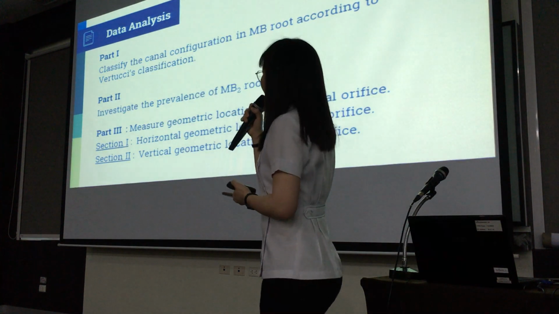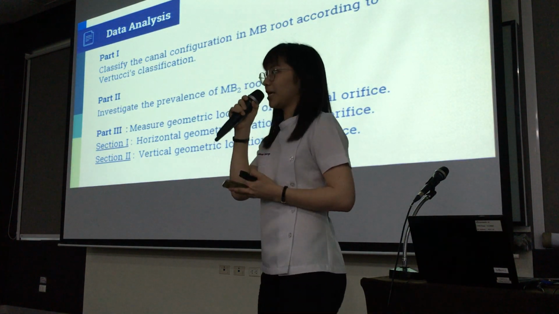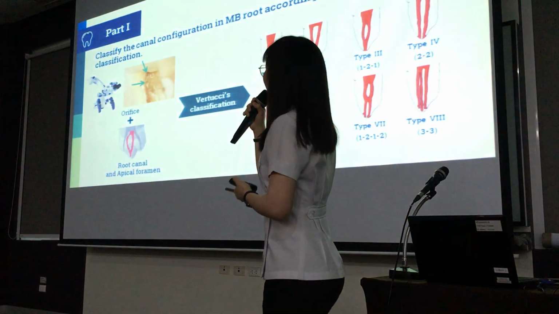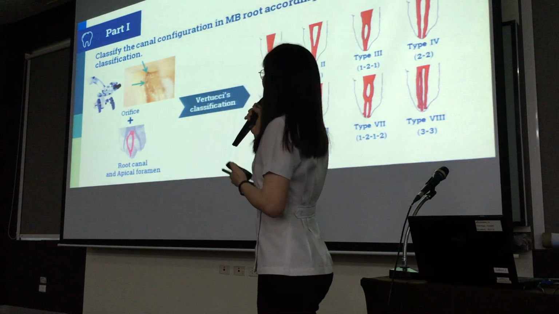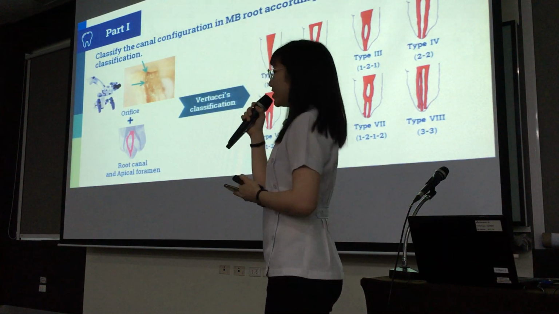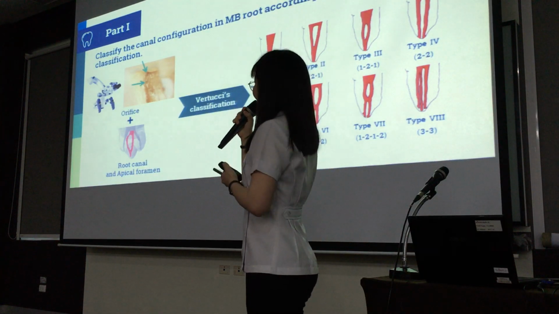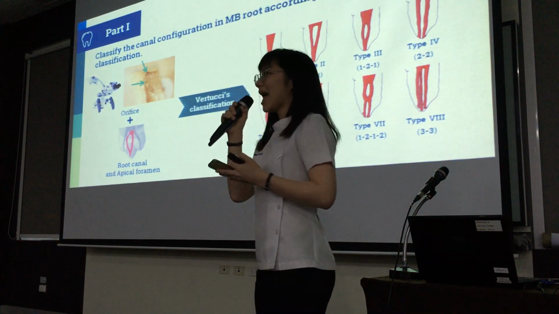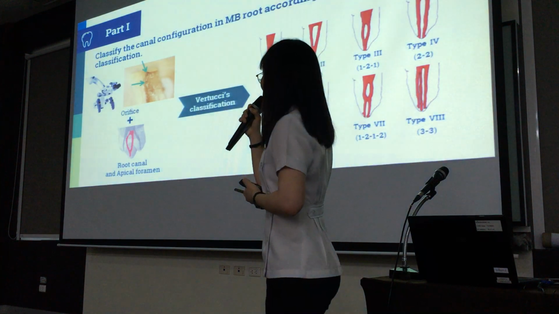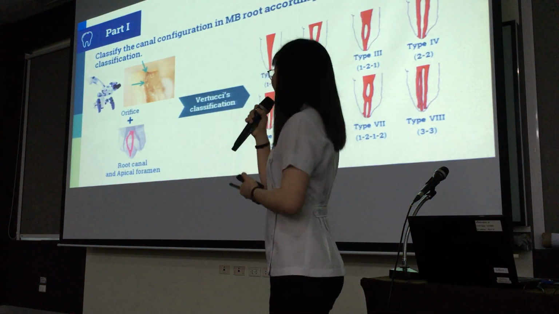We divided this research into 3 parts following our 3 objectives. Part 1: the pulp chamber floor was investigated under a dental operating microscope to determine the number of orifices. Then the 3D image was used to investigate the number of root canals and apical foramina.